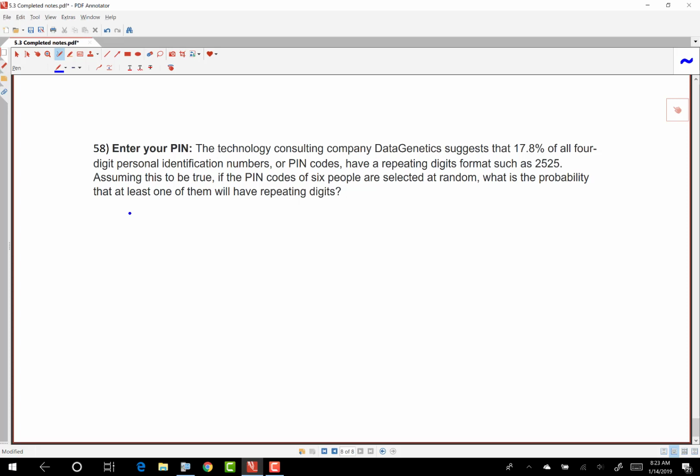Okay, so the probability of repeating digits is 0.178, because it's 17.8%.